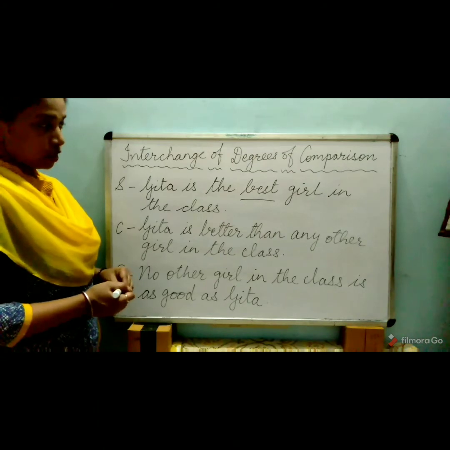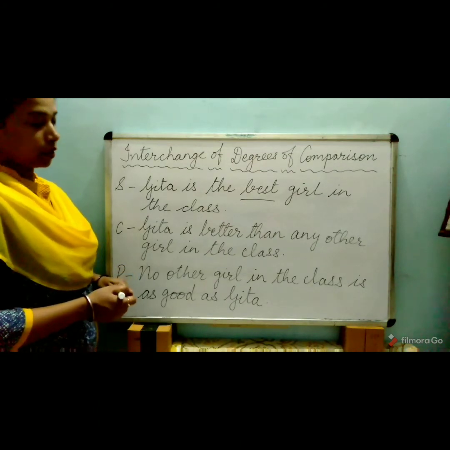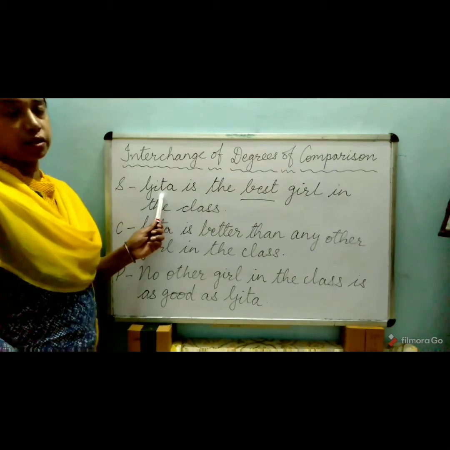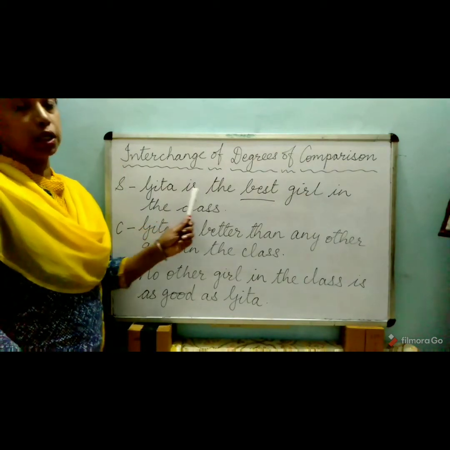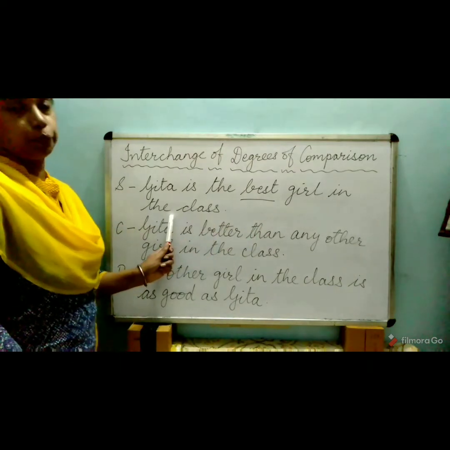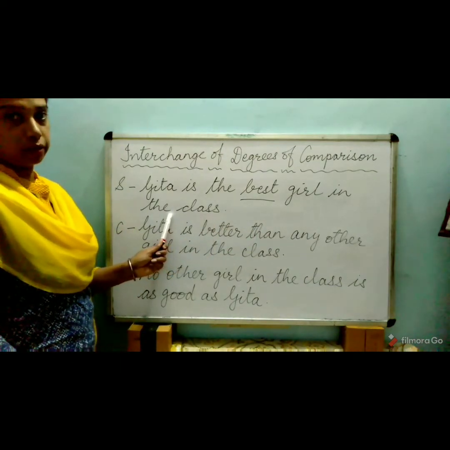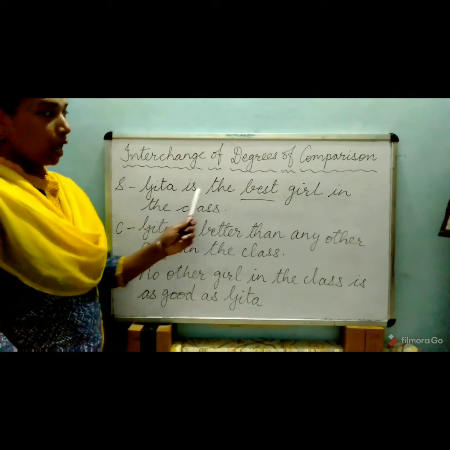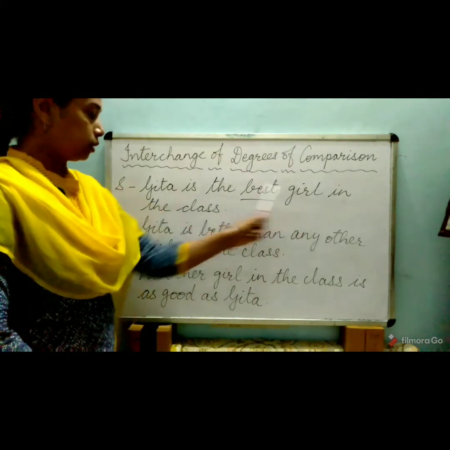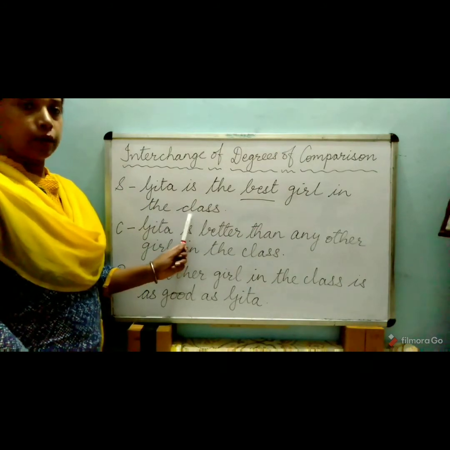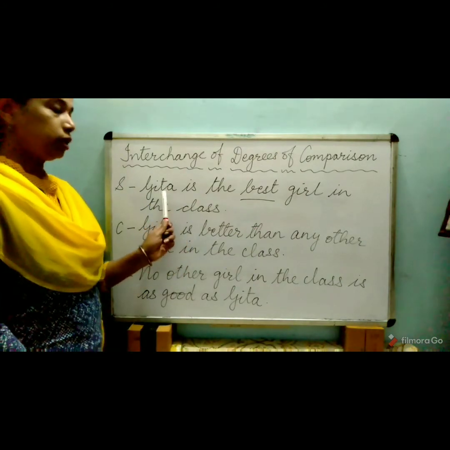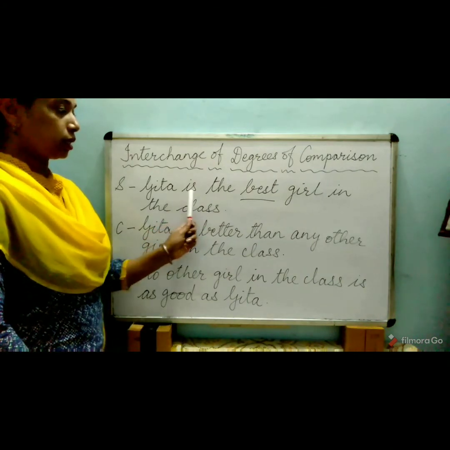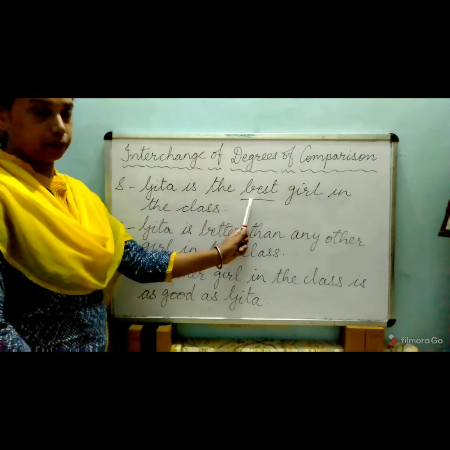And when you are using a superlative adjective to compare, the person or thing which is compared has to be included in the group with which it is compared. For example here, Geeta is compared and the group is all the girls in the class, and all the girls in the class include Geeta also. So among all the girls in the class, Geeta is the best girl.